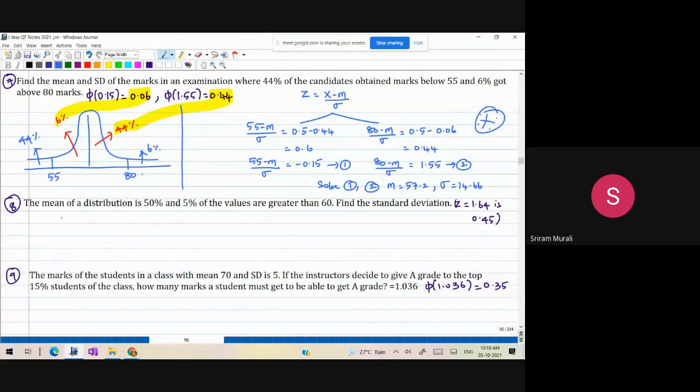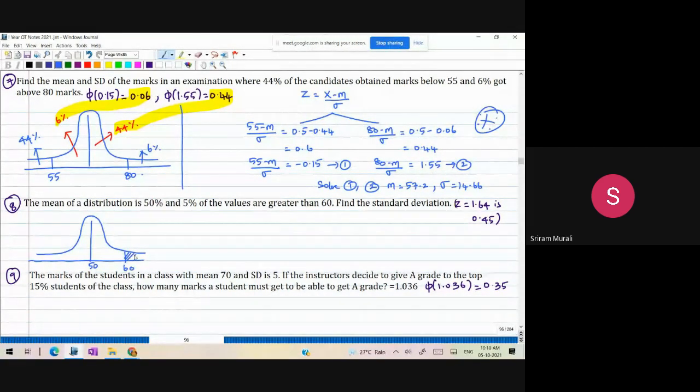What about this question? Read this question a little. The mean is 50. Where exactly is the mean, where does the average come? This is 50. Mean of the distribution is 50, so m is 50. Next, 5% of the values are greater than 60. So after 50 you will get 60.